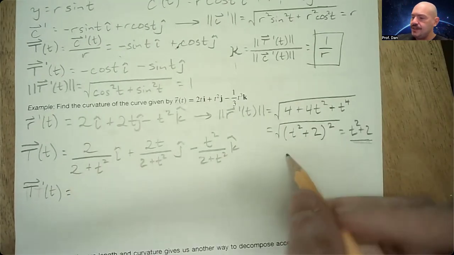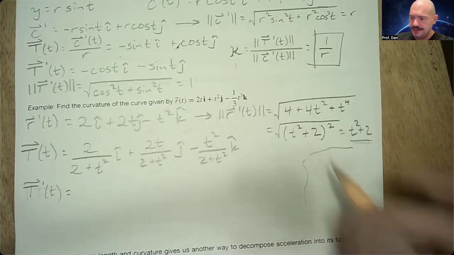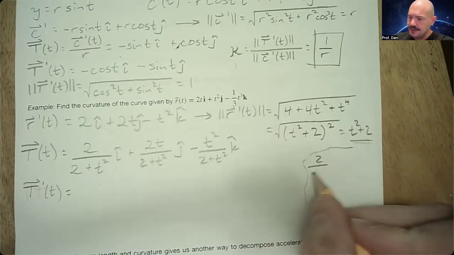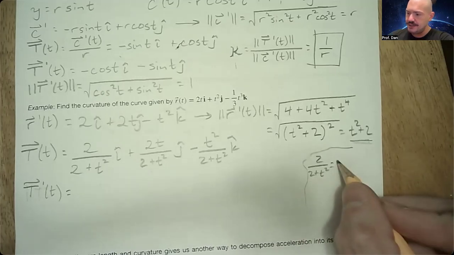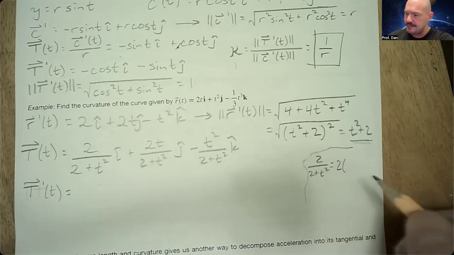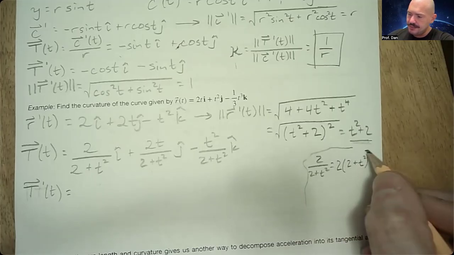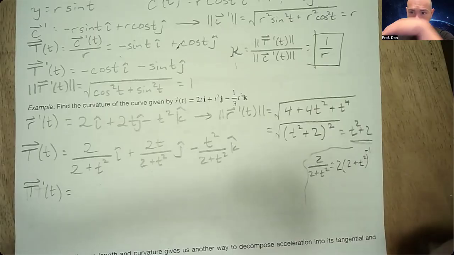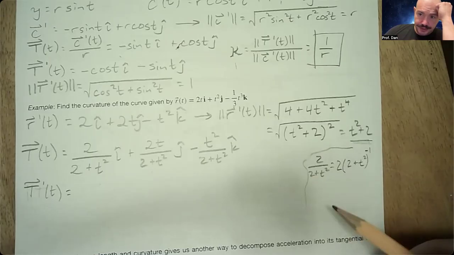So a side note here, and this is going to apply to pretty much all the derivatives that we're going to do. Remember, if I have something like this in the denominator, I can always write it as 2 times 2 plus t squared all to the minus 1. That's an option. Remember, the other option is using the quotient rule, and we have our cool little song for that one, right?